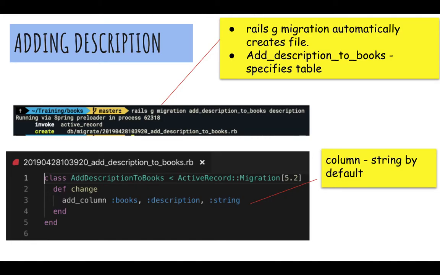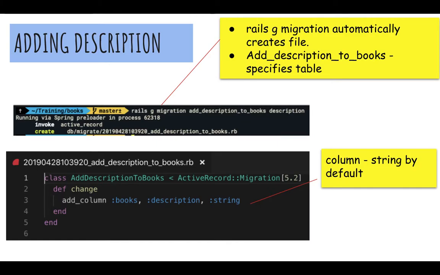We can now look at adding columns. So adding description, for instance: rails generate migration AddDescriptionToBooks description. The migration automatically creates this file, which we can see on the bottom left, and adds description to books, specifies the class which we're going to create and the changes we want to make to the table.